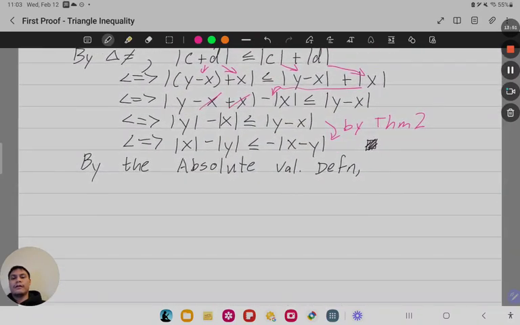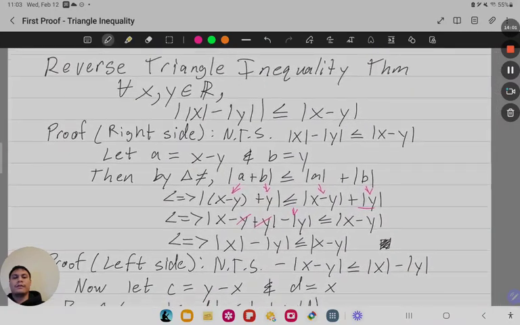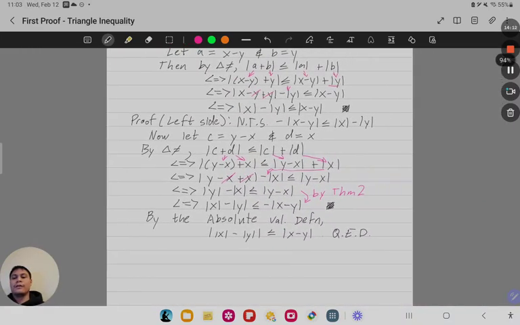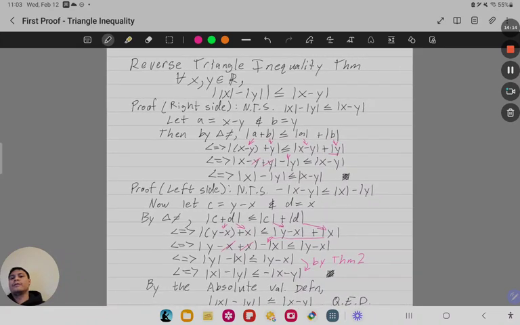The absolute value of the absolute value of x minus the absolute value of y is less than or equal to the absolute value of x minus y. So that's the reverse triangle inequality theorem.